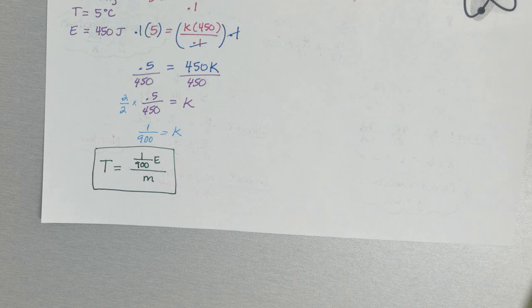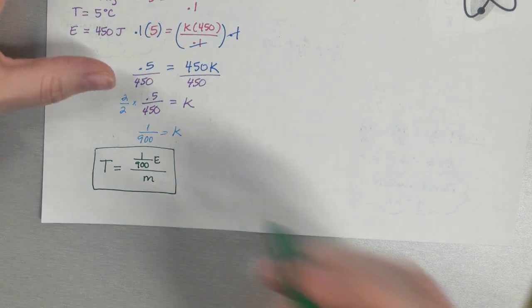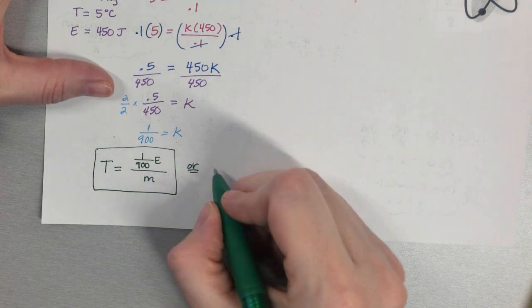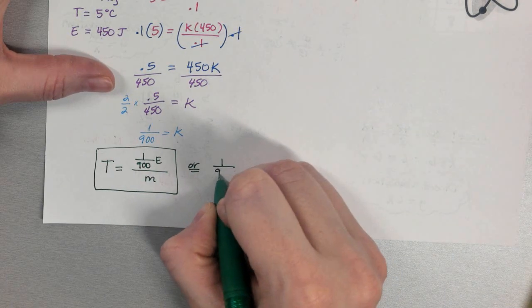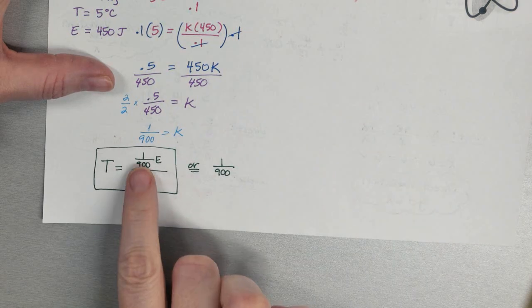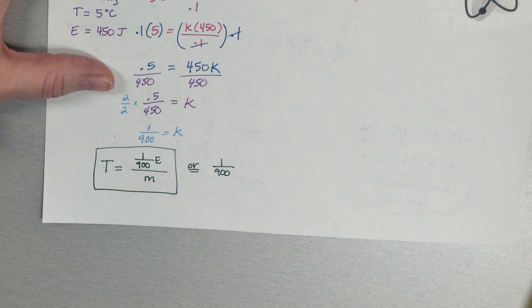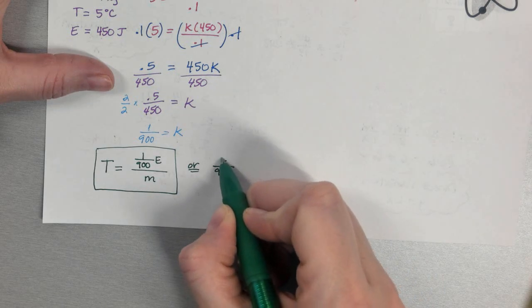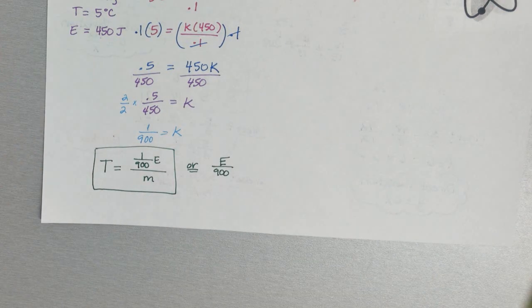What if we don't want a fraction within a fraction? Remember, this means division, right? So this is 1 over 900e. Well, what's 1 over 900 times e? We are going to do that, yeah.